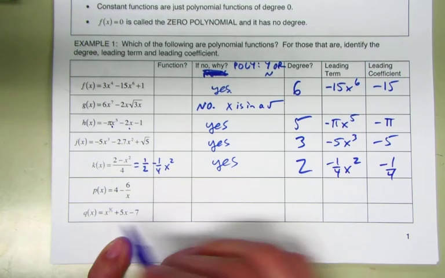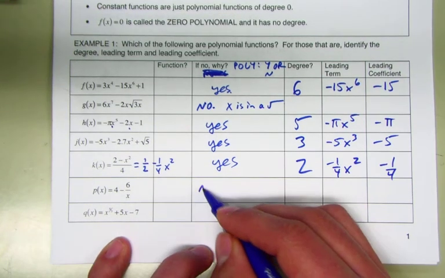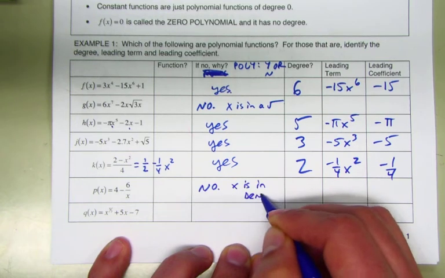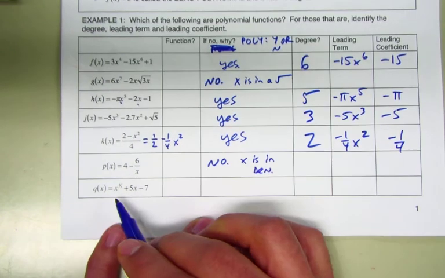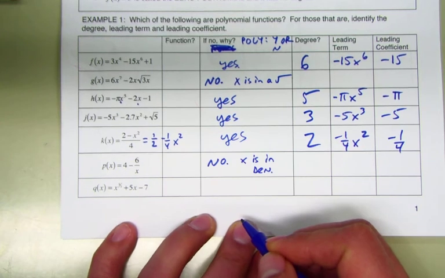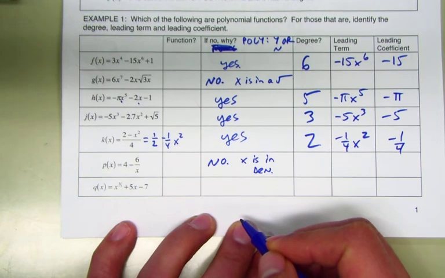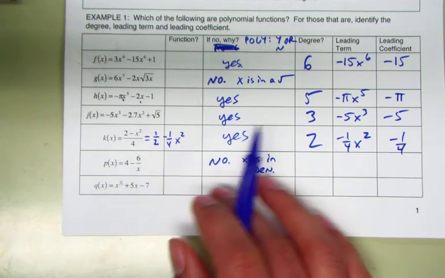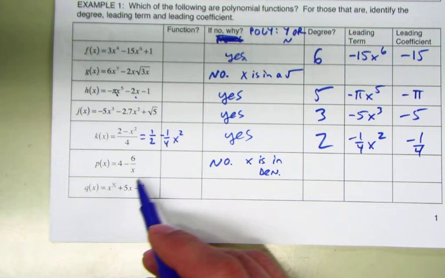Okay, what about p? Why not? X is in the denominator, good. And what about this last one? What do you guys think?